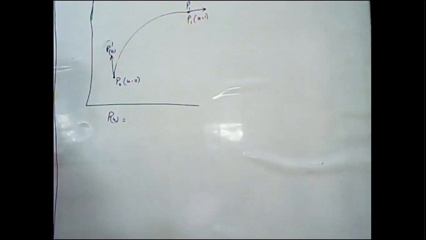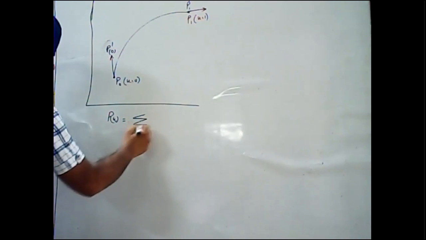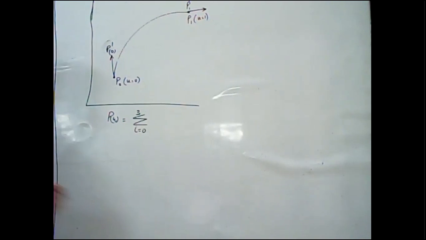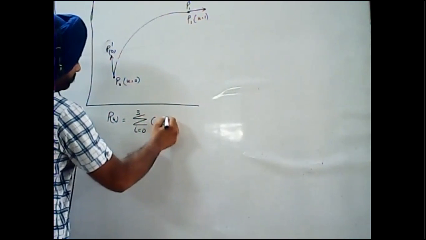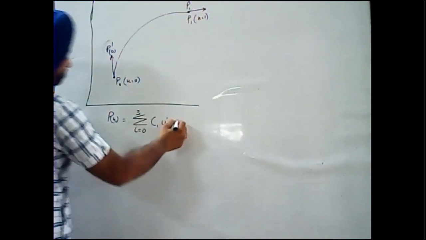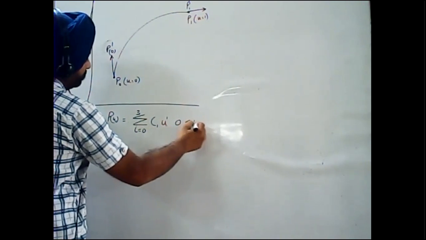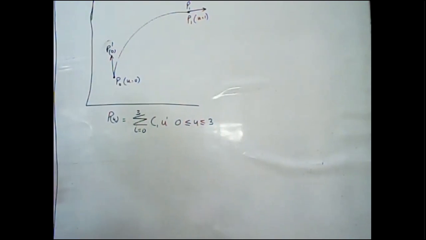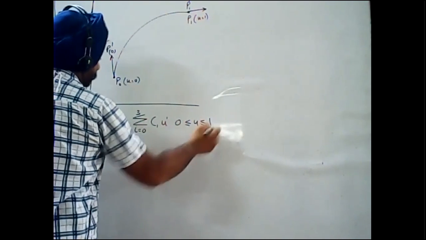P(u) is equal to sigma i equal to 0 to 3, Ci u^i, where 0 is less than or equal to u is less than or equal to 1.